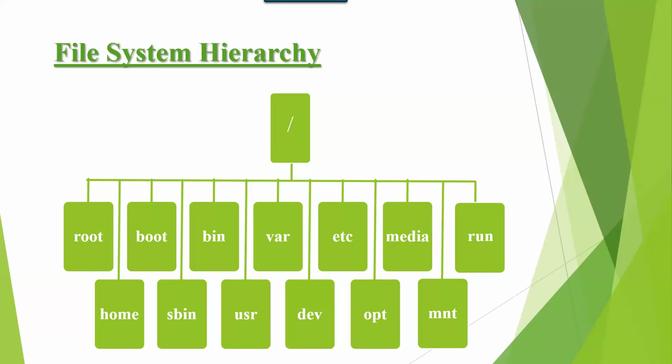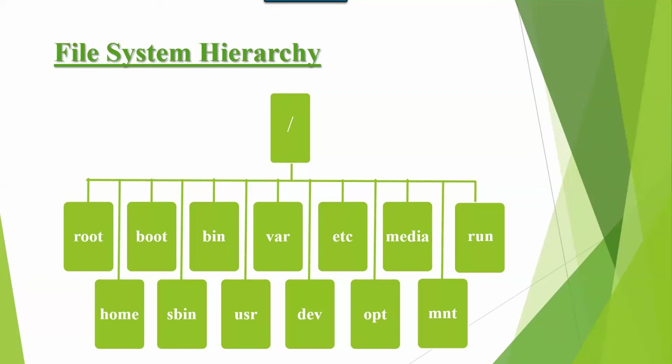Next one is media. Media contains external devices information, meaning removable devices information, like removable hard disk, removable DVD writer, pen drives. Information is stored under media. So if you connected any pen drive, DVD, or removable hard disk, and you want to check the content of those devices, we open the media directory.